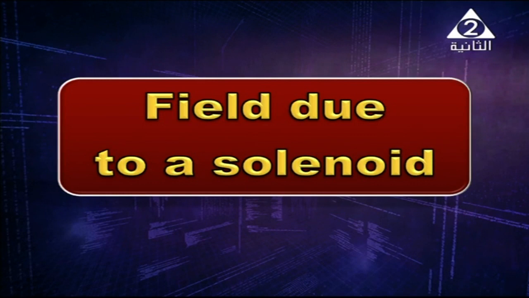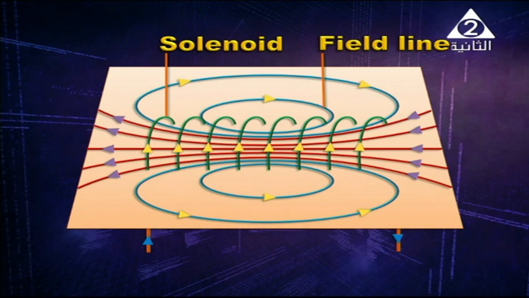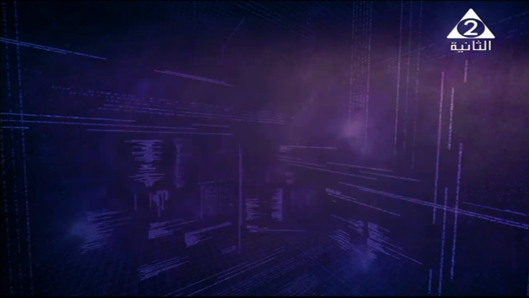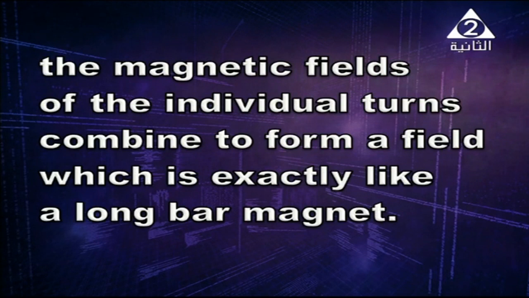And now talking about the field produced by a current carrying solenoid. The shape of the solenoid is shown in front of you, and the field also is shown. Your attention, please. When a current is passed through a solenoid, the magnetic fields of the individual turns combine to form a field which is exactly like a long bar magnet.